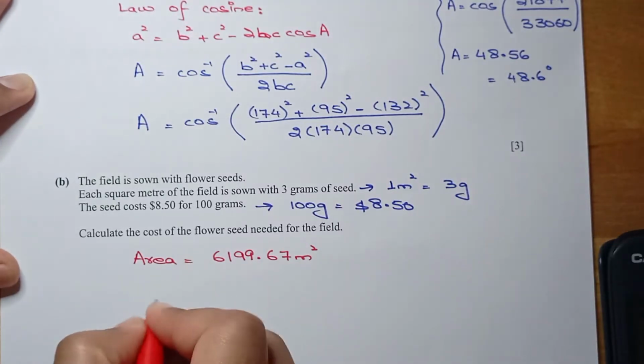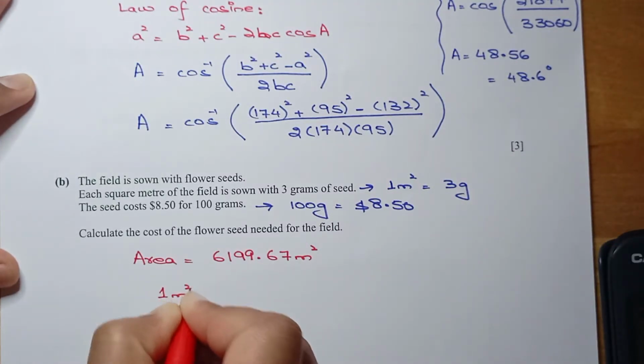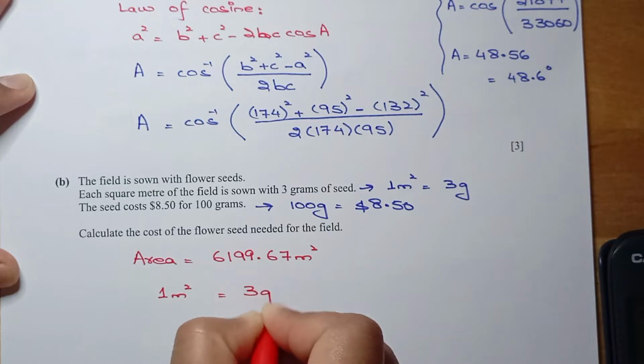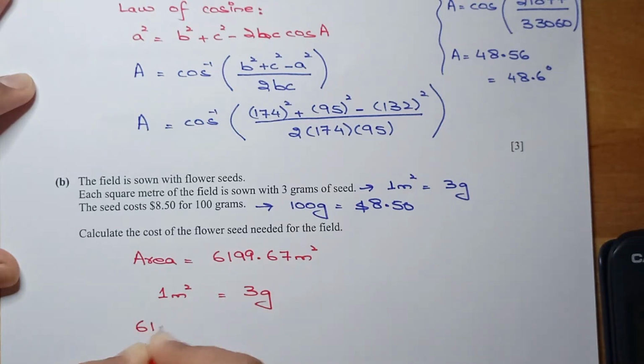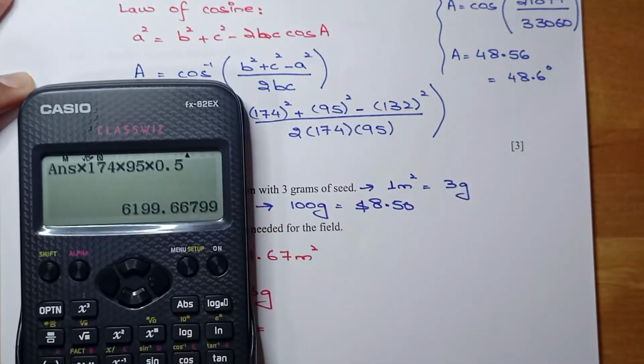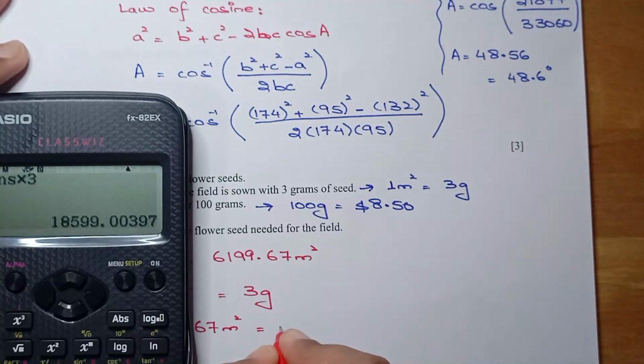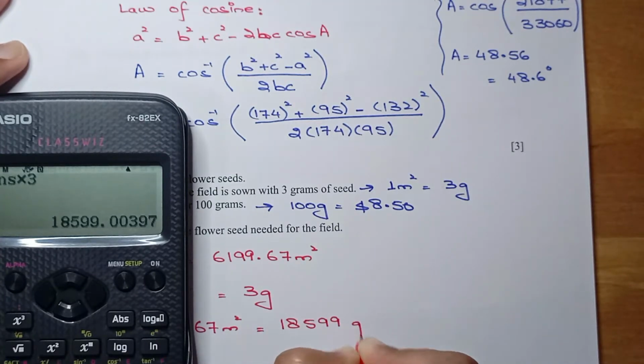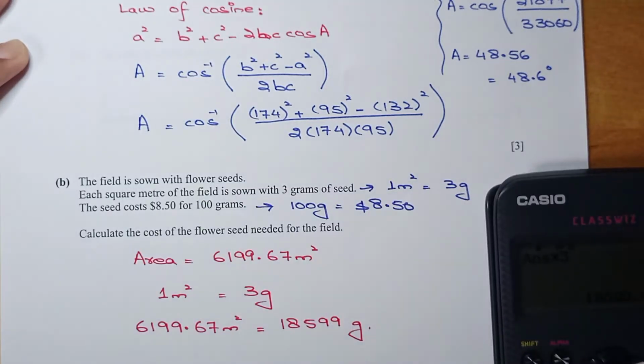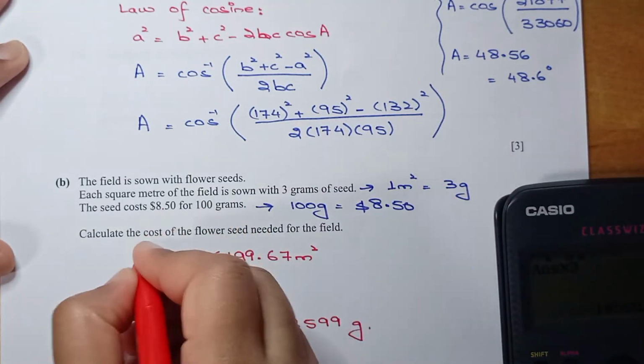So if 1 meter square covers 3 grams, then 6199.67 meters square will cover 3 times of this, 18599 grams, right? Okay, now we need to find the cost actually.